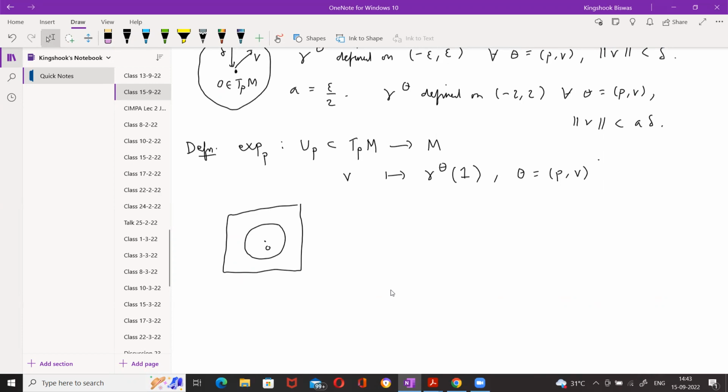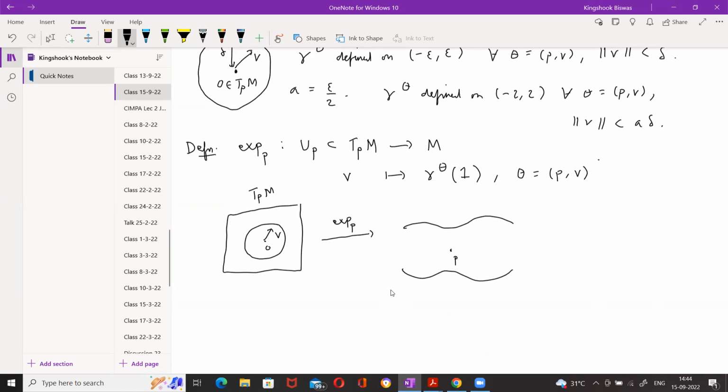So this is T_P M. And what is X_P doing? This is a vector V. The exponential map is mapping into M, my manifold.